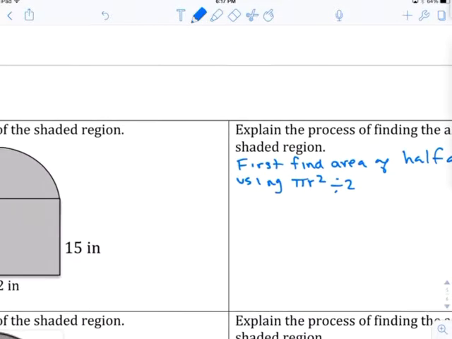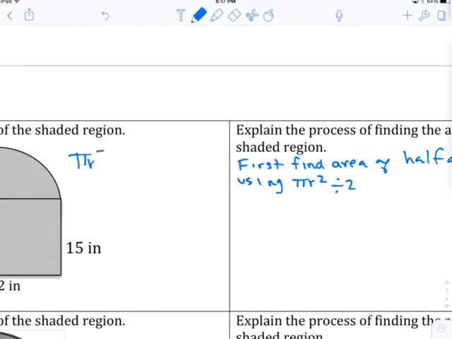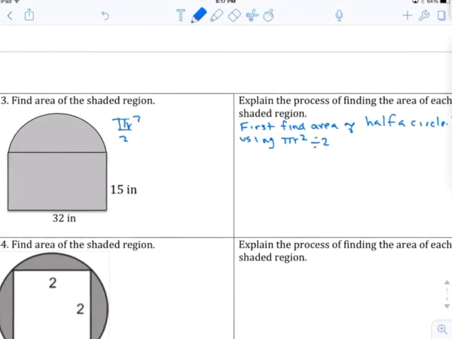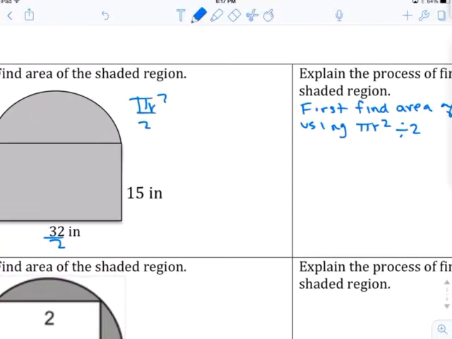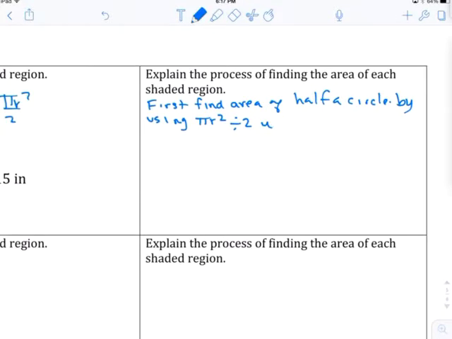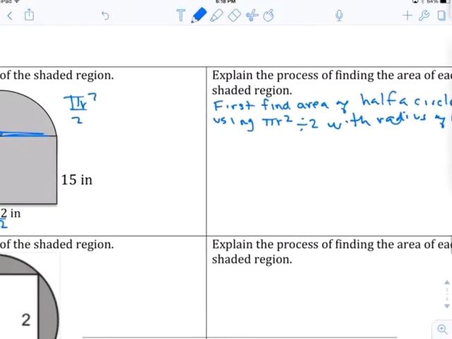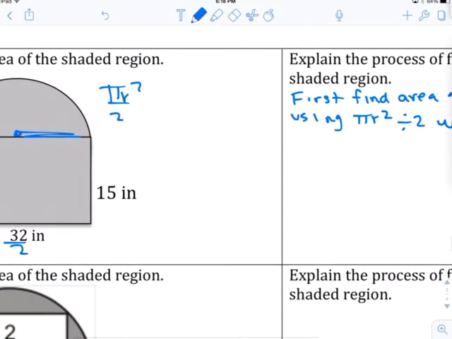Okay? So pi r squared divided by 2. Radius, divide this by 2, you get 16. So with a radius of 16 inches. Okay, so this is 3.14 times 16 squared divided by 2.